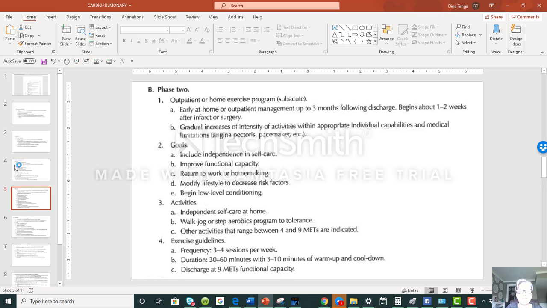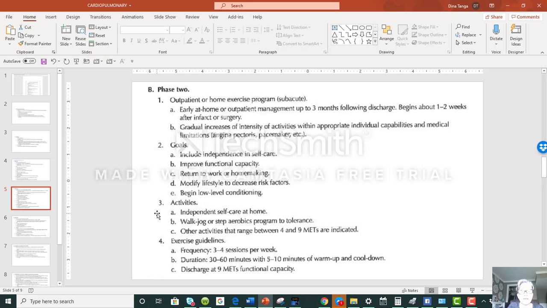Gradual increases of intensities of activities within appropriate individual capabilities and medical limitations. Goals include independence and self-care, improve functional capacity, return to work or homemaking, modify lifestyle to decrease risk factors, begin low-level conditioning.